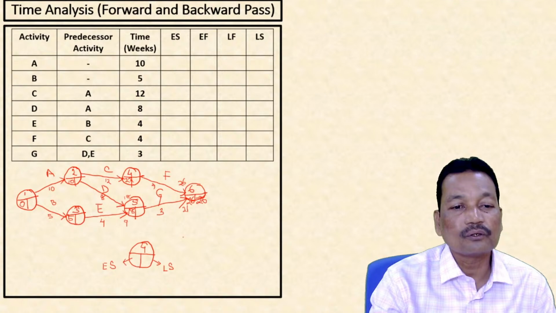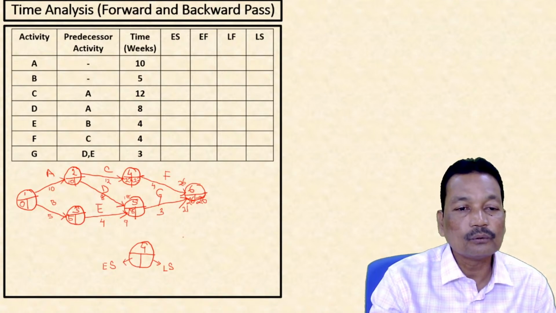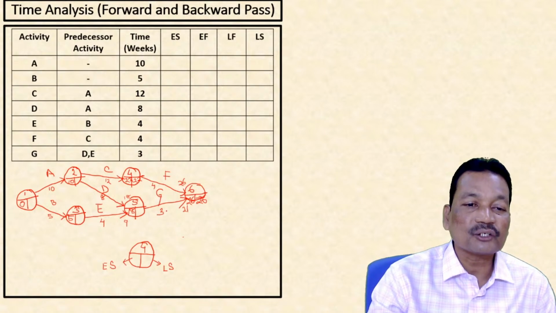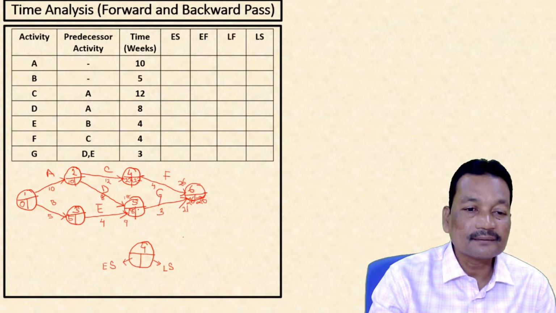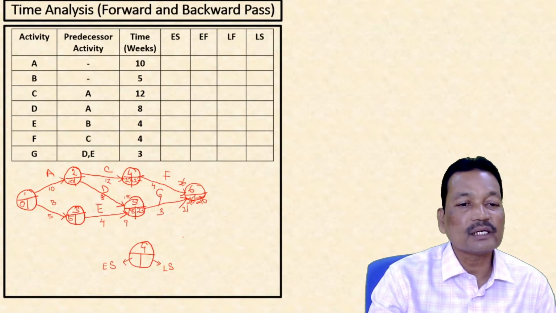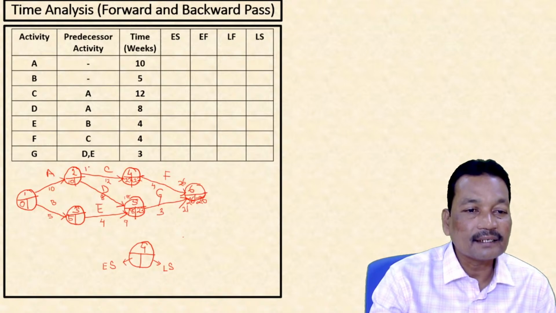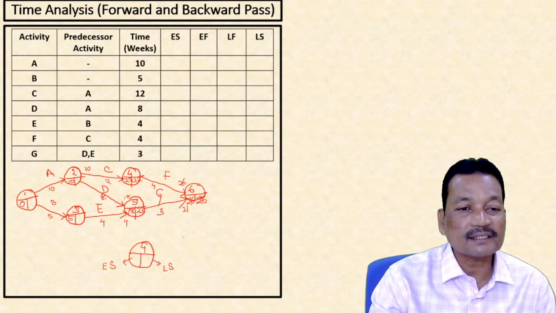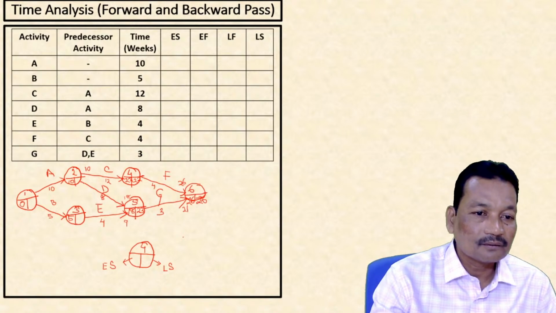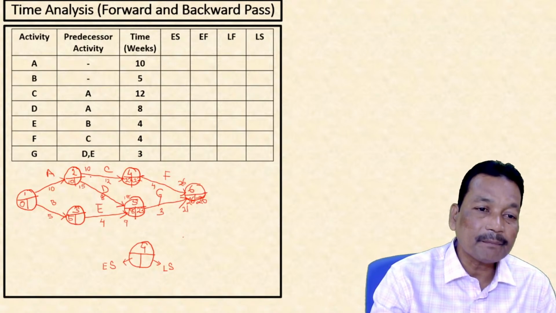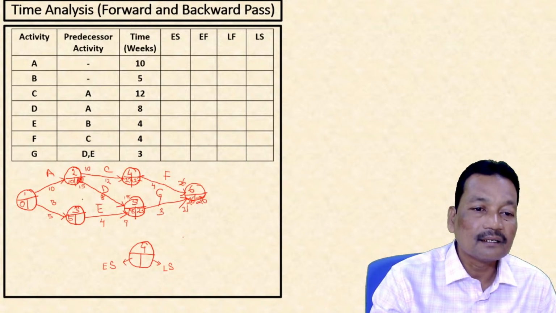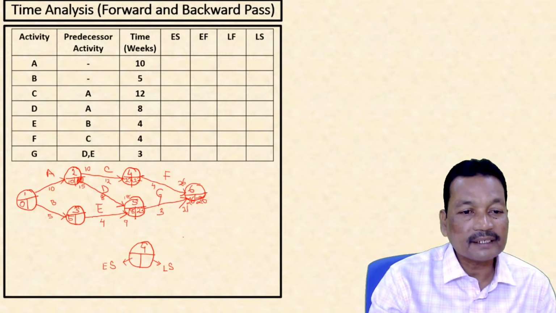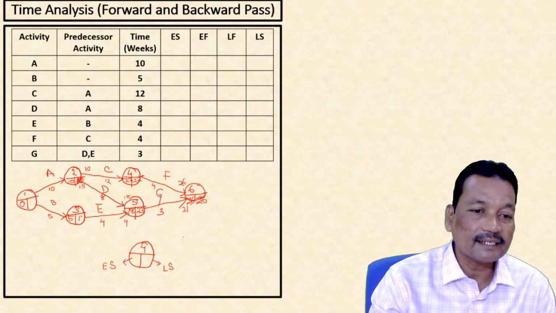26 minus 4, that is 22. 26 minus 3, that is 23. 22 minus 12, that is 10. Wait here, because we are having two events coming back. 23 minus 18, it is 15. While coming back, take the lowest. So that is 10. 23 minus 4, that is 19.